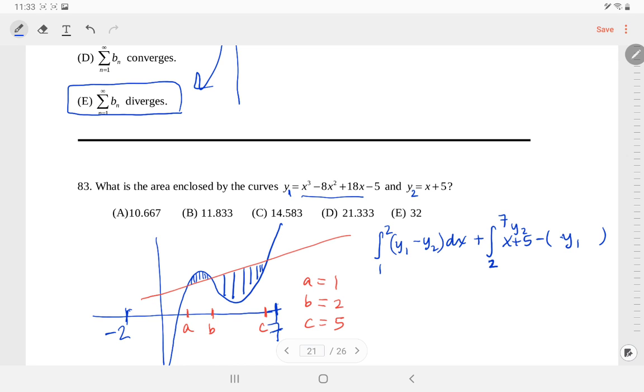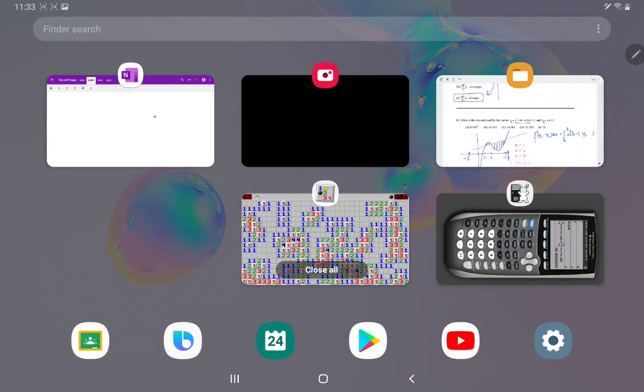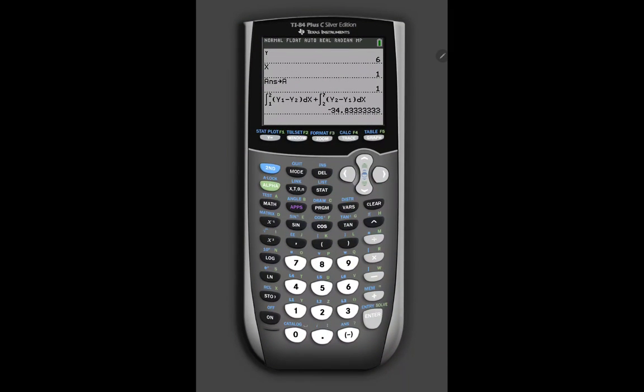How bizarre. Let me go back. I wonder if for some reason my y1 and y2 changed. I don't think so. y1, y2. That's the craziest thing. Oh, did they not really hit it 7?